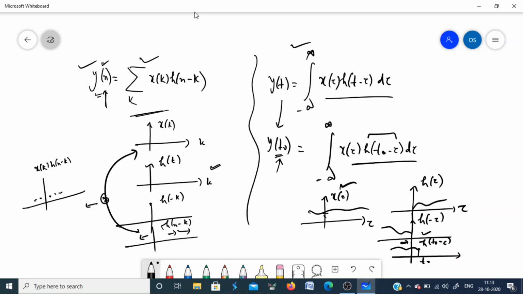So you have to find the time limits for t within which this integration remains constant. Within that time period you find the value of y of t. We will discuss many examples on this because this is more important and also confusing, so I will concentrate on this in more detail.